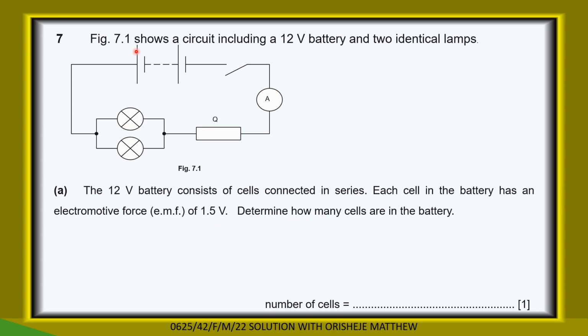So the cells are added together because they are in series. So the number of cells is equal to 12 volts divided by the electromotive force of each cell. That gives you 8 cells that add together. So 8 multiplied by 1.5 volts will give you 12 volts.